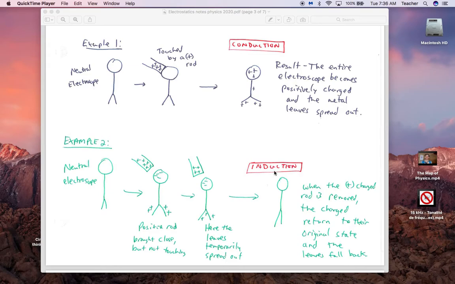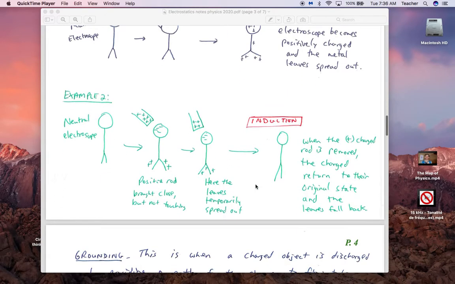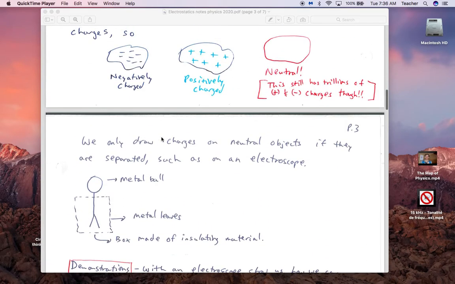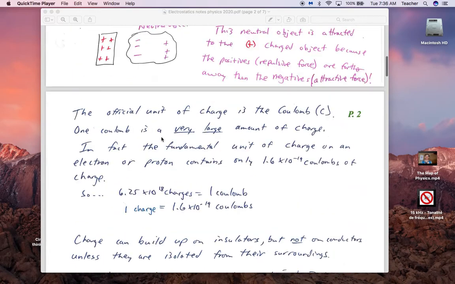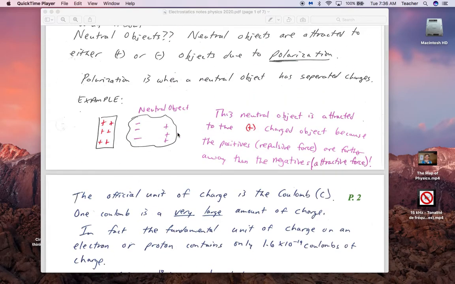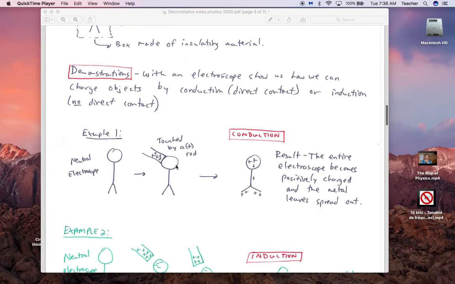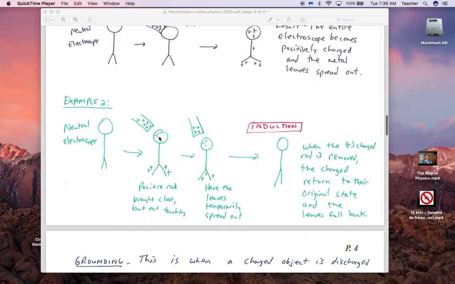This is induction or indirect contact. So if we bring this close, through polarization, which we talked about a couple pages ago, up here, the negatives tend to be attracted up here to these positives, and the positives tend to repel.